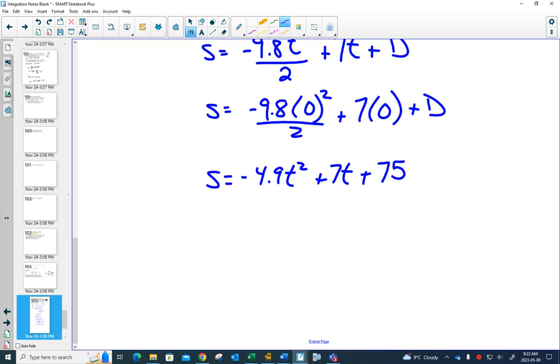So now we've got our equations. Because we knew acceleration, we could work backwards to find velocity and work backwards to find displacement. One of the things I mentioned before, and on a test you'd have to show working backwards, but as a shortcut, the 75 there is always your initial displacement. We talked about the 7 being your initial velocity.